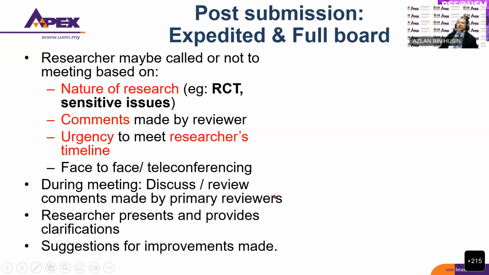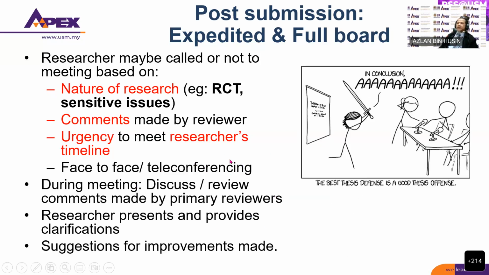All right, during the meeting we discuss and make comments, and the researcher presents and provides clarification. If the researcher does not agree with the recommendation by the panel or reviewer, then you can always say so. It is not something cast in stone, except if you are violating certain basic principles of research ethics.